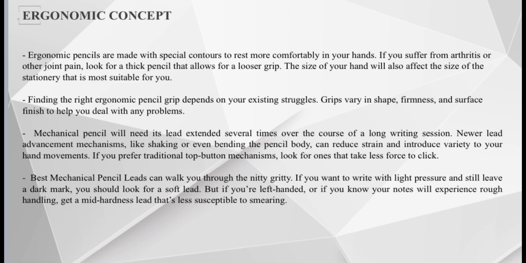The best mechanical pencil lead can walk you through the nitty-gritty. If you want to write with light pressure and still have a dark mark, you should look for a soft lead. But if you are left-handed or if you know your notes will experience rough handling, get a mid-hardness lead that is less susceptible to smearing.